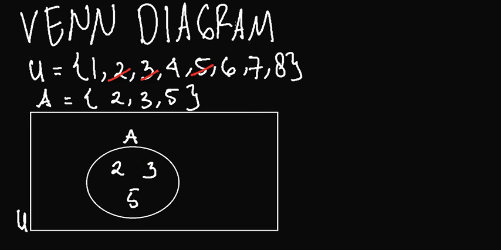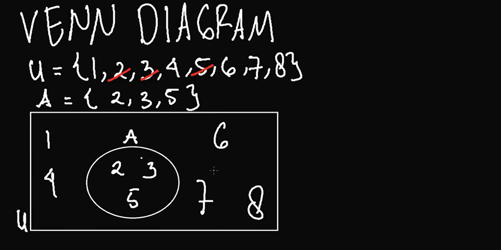So the rest of the numbers are 1, 4, 6, 7, and it's a very ugly 7, and 8. But can we write the rest of the numbers inside the circle of A?